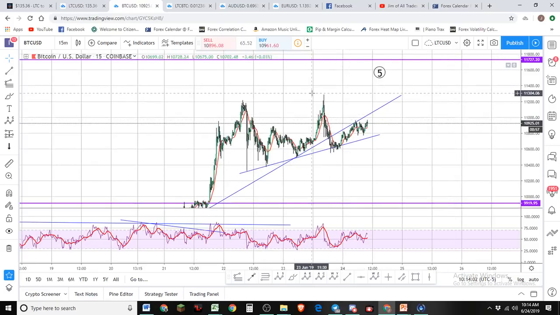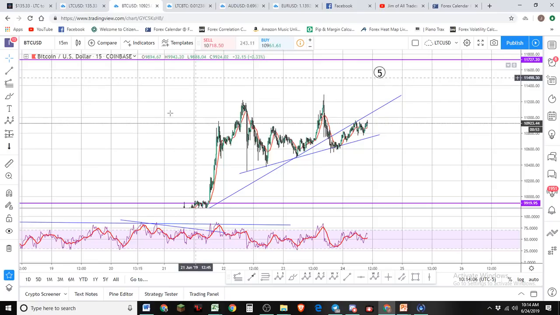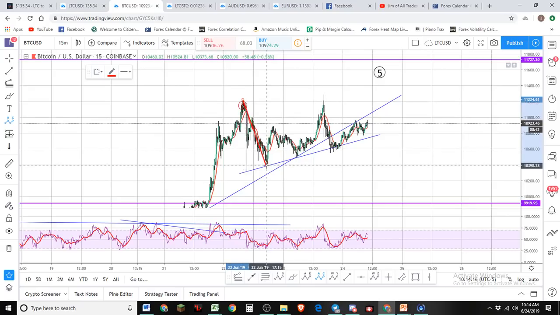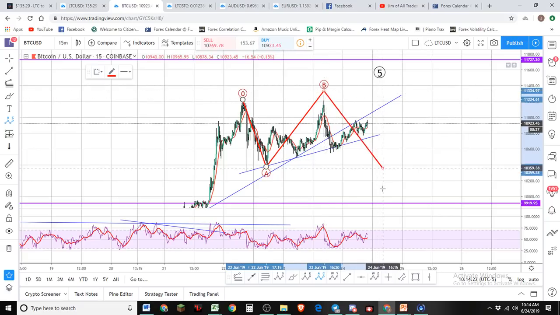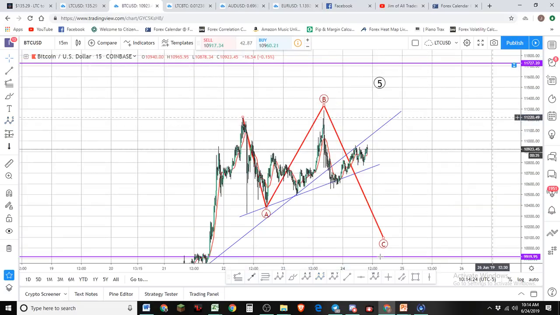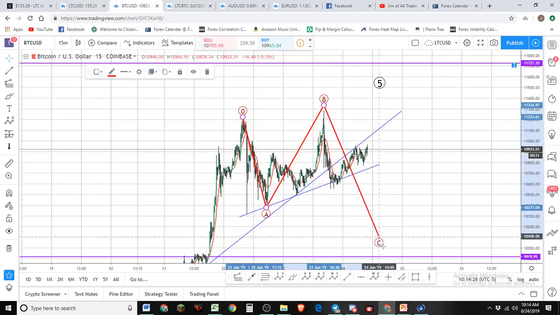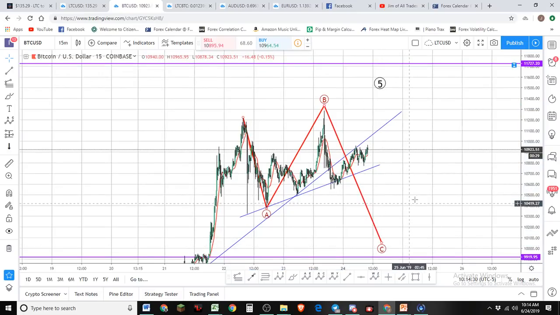What happens in an expanded flat is an ABC correction, but the B wave breaks the high of the origin of the A wave. So this would be A here, and then B comes higher than the A, and then C will end up doing something like that. Now you could have a truncated C as well. That's a potential, or C could come on down like so.